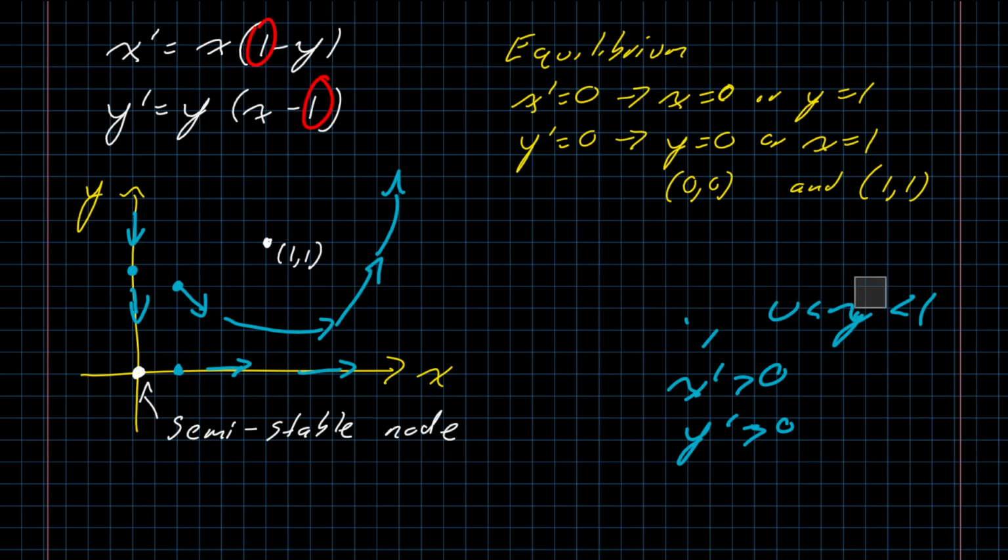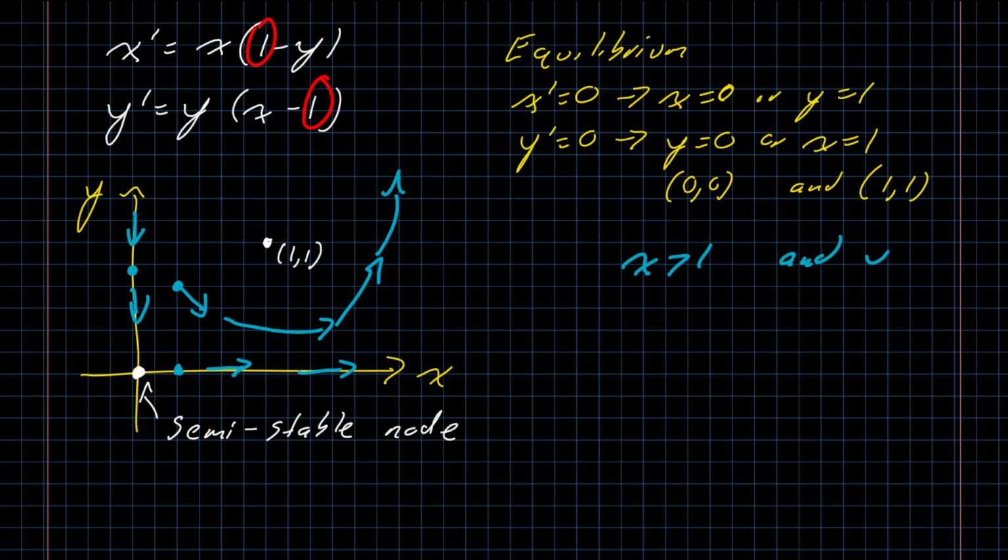And over here somewhere is a place where x is bigger than 1 and y is bigger than 1. Now, as soon as y becomes bigger than 1, notice that this term becomes negative. Everything else is still positive.